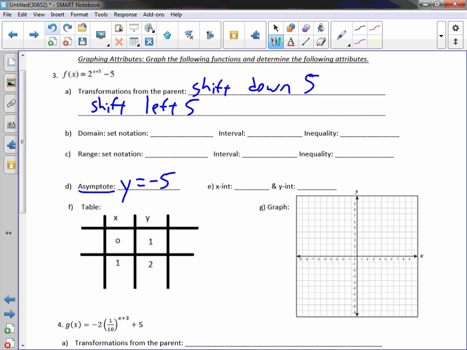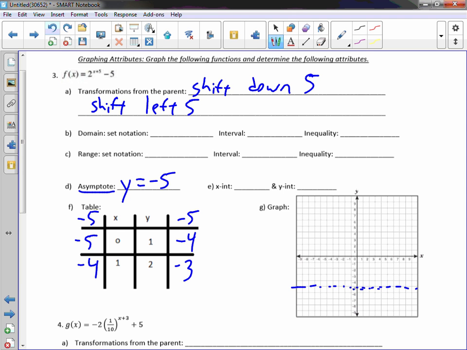So that means our asymptote is right about there. On the x side, we'll put -5. On the y side, we'll put -5 also. So we get -5, -4, -4, -3.